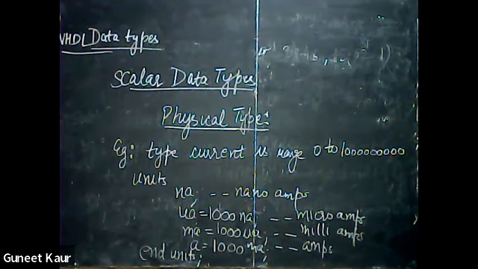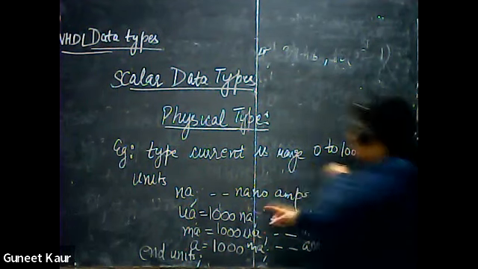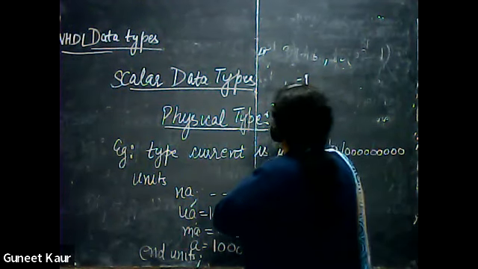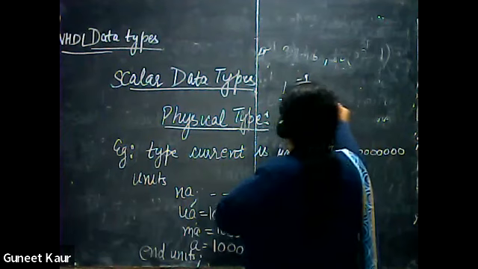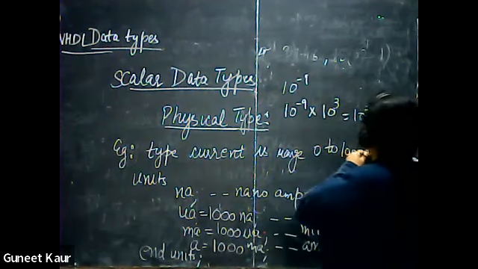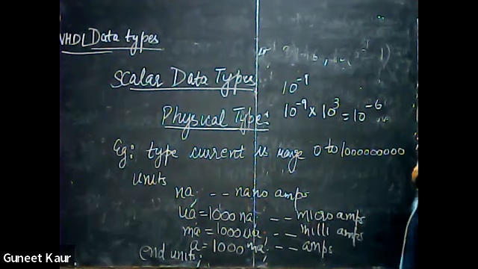After the base unit is defined, other units can be defined in terms of the base unit or in other units. Like UA is defined in terms of the base unit as 1000 base units. That is 1000 multiplied by 10 raised to power minus 9 will give you 10 raised to power minus 6, which is micro ampere.